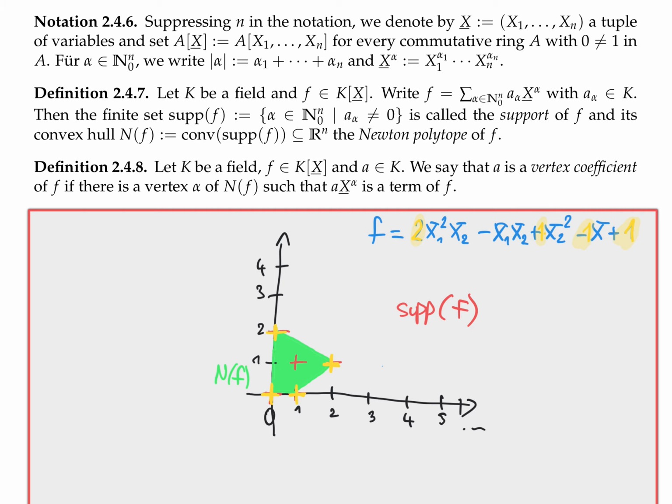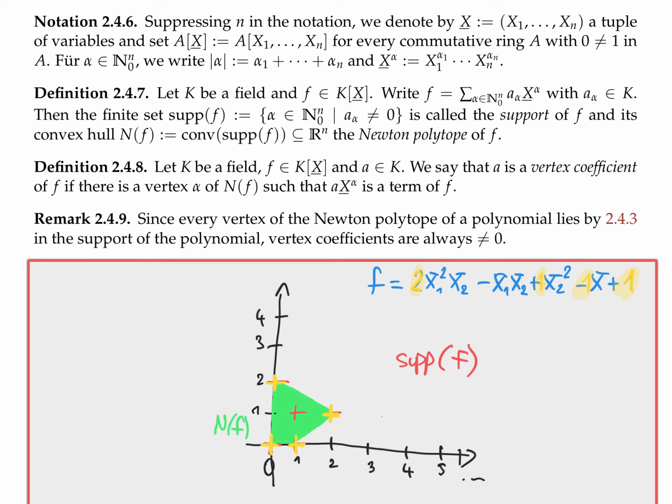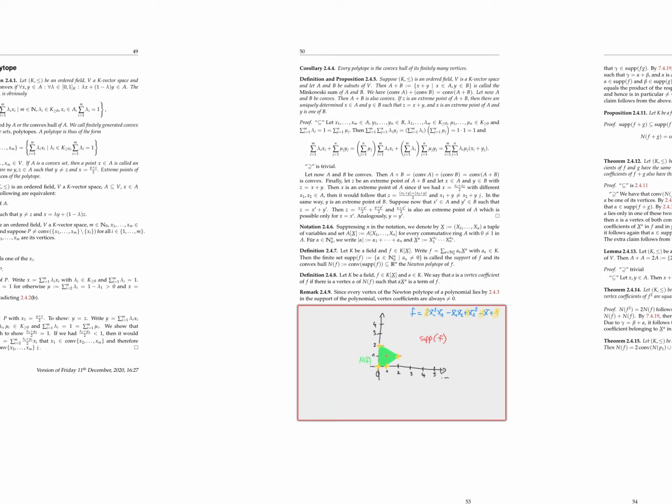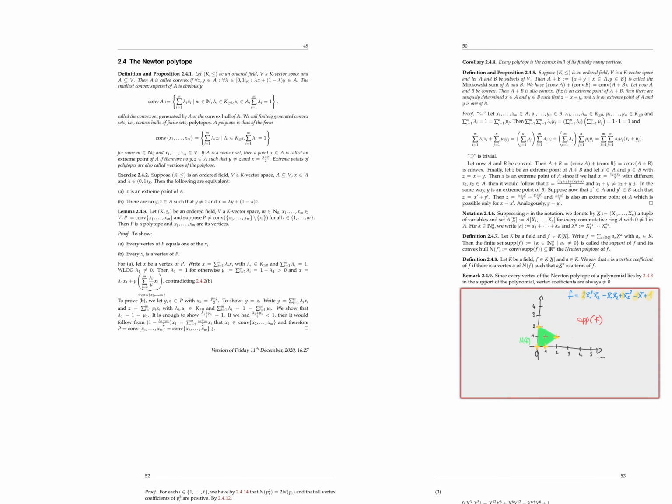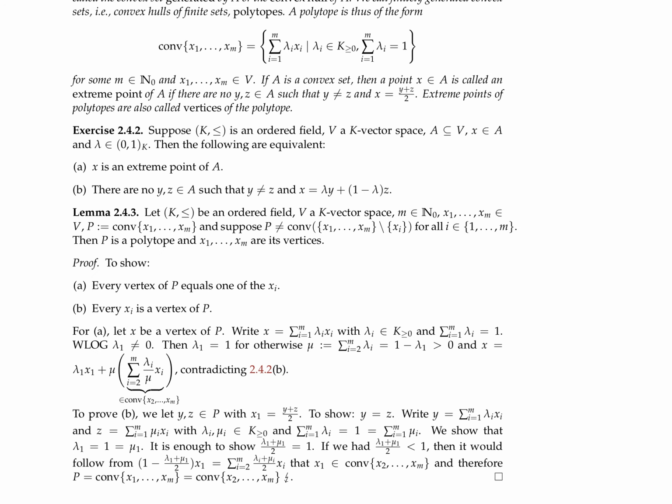Since every vertex of the Newton polytope of a polynomial lies in the support of the polynomial, by Lemma 2.4.3. Because the Newton polytope is the convex hull of the elements in the support, I could erase some of these elements in the support so that it's still the convex hull.